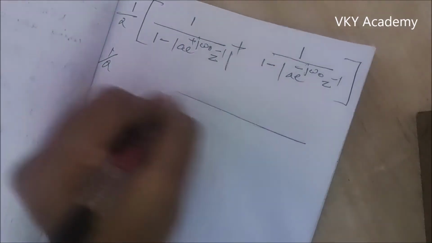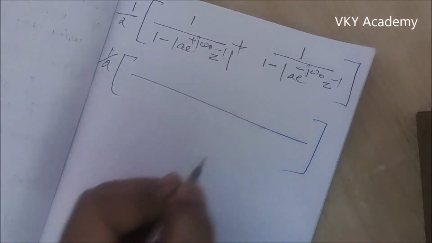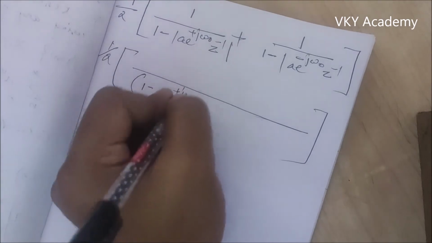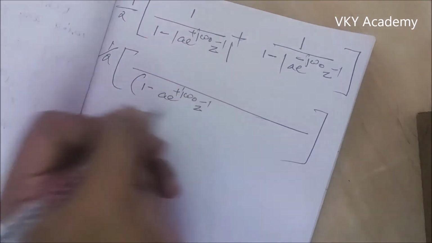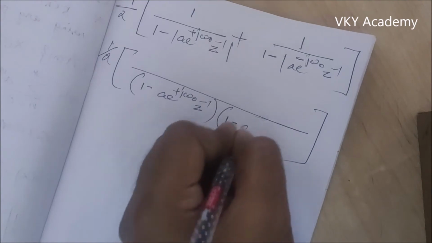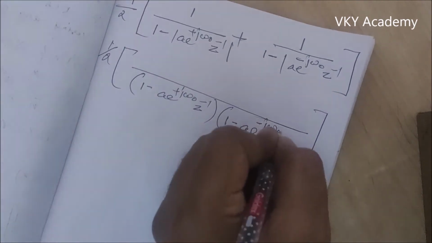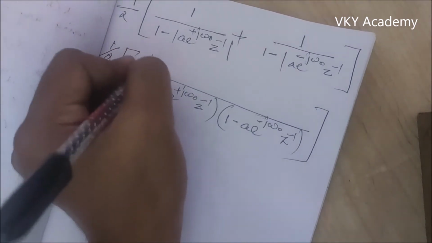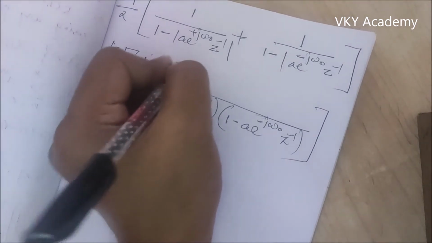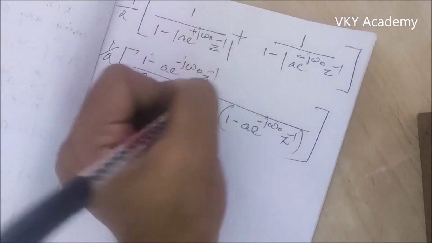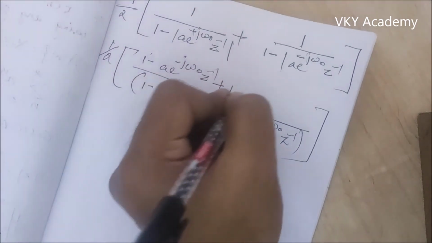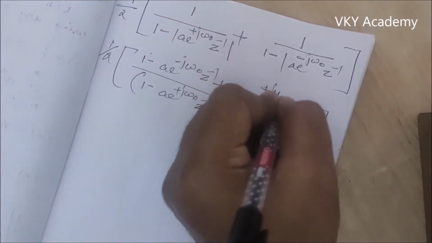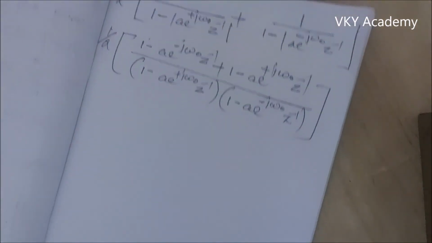Now taking LCM, the denominator will be 1 minus a e to the power plus j omega naught z inverse into 1 minus a e to the power minus j omega naught z inverse, and the numerator will be 1 minus a e to the power minus j omega naught z inverse plus 1 minus a e to the power plus j omega naught z inverse.